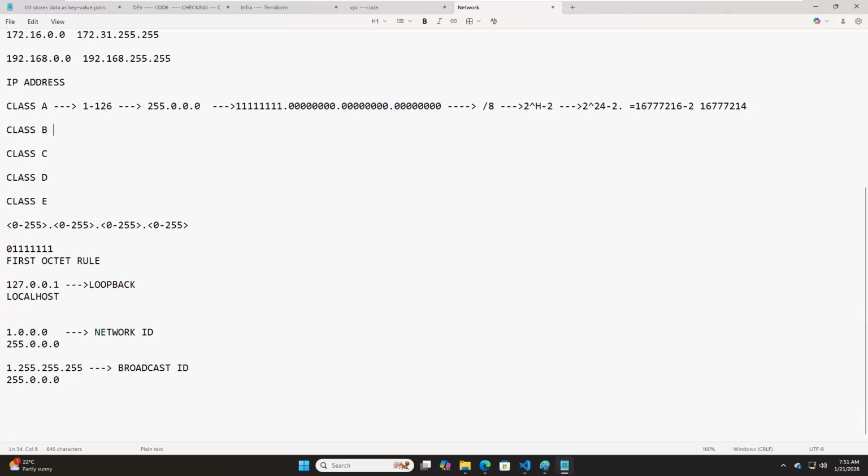When you come to class B, what is after 126? 127, which is of course given to the loopback. The next number is 128.